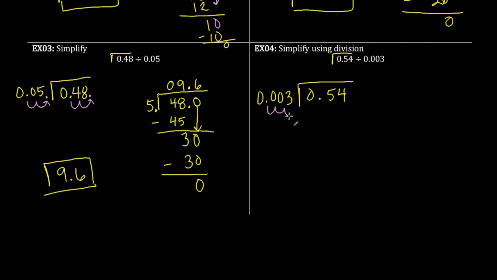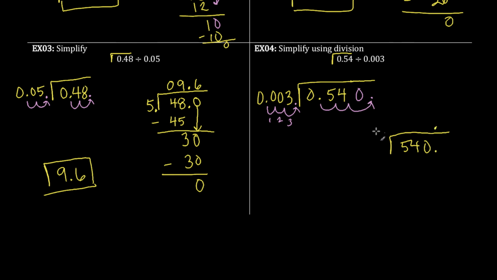So we had to move it over 1, 2, 3 times. In this case, we still have to move it 3 times, but we'll have to put a 0 here. So I definitely want to rewrite this one. That will be 540.